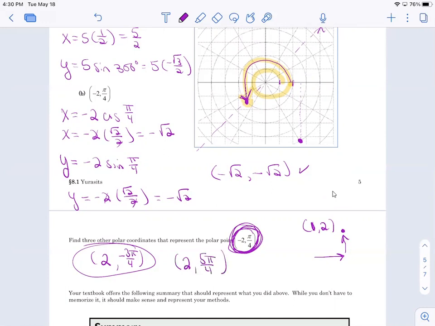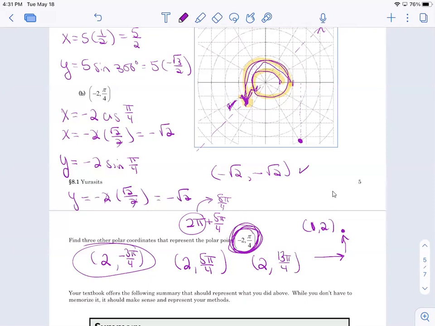Does that make sense? I'm just going to go to my angle 5π/4, which is right here, and then go out 2, and I end up at the same spot. The one I was trying to do is go around the circle 1 time and then the additional 5π/4. Well, 2π plus that angle, find a common denominator, so 2π becomes 8π/4. Well, 8 plus 5, 13π/4.